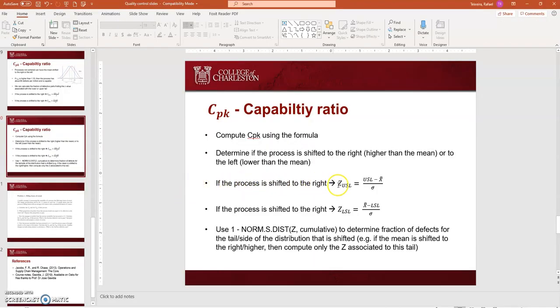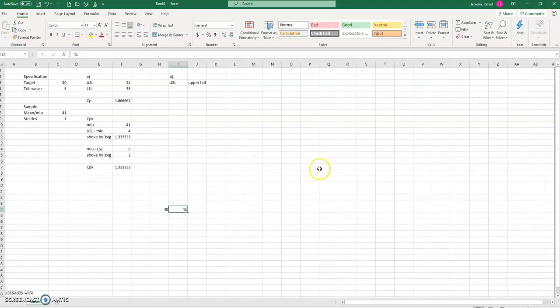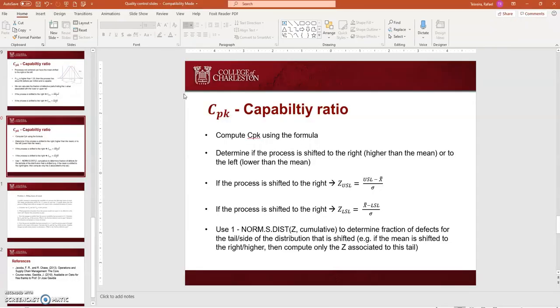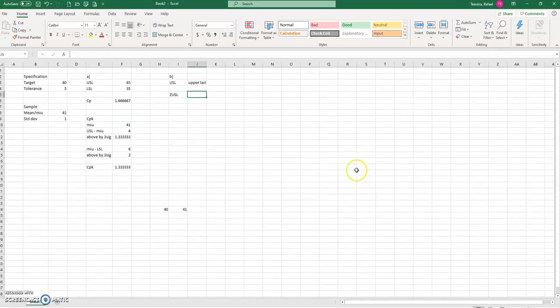If the process shifts to the right, you have to compute the z value associated with the upper specification limit, and that's the formula we're going to use. So I have to compute the z USL, the z value associated with the upper specification limit.